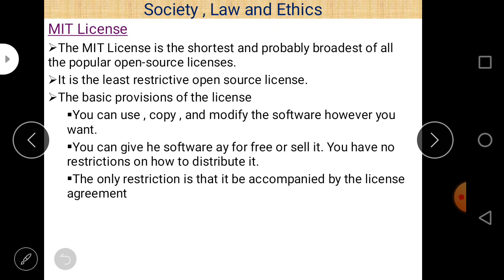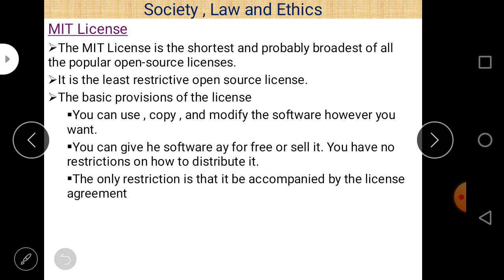Next is MIT license. MIT license is basically the shortest and probably the broadest of all the popular open source licenses, and it is the least restrictive open source license. Basically, there are three basic provisions. First one is you can use, copy, and modify the software however you want.